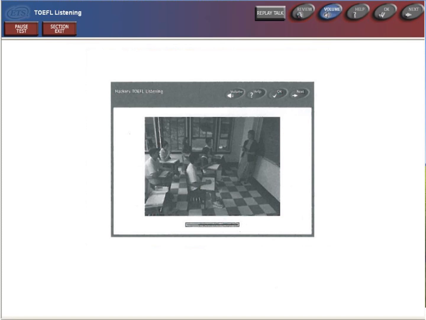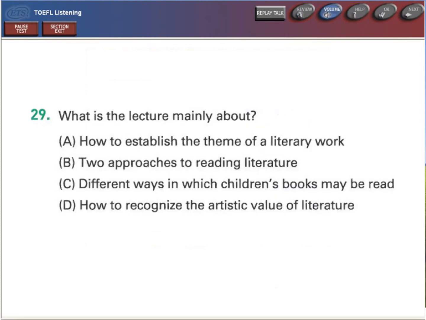Now get ready to answer the questions. You may use your notes to help you answer. 29. What is the lecture mainly about? 30.